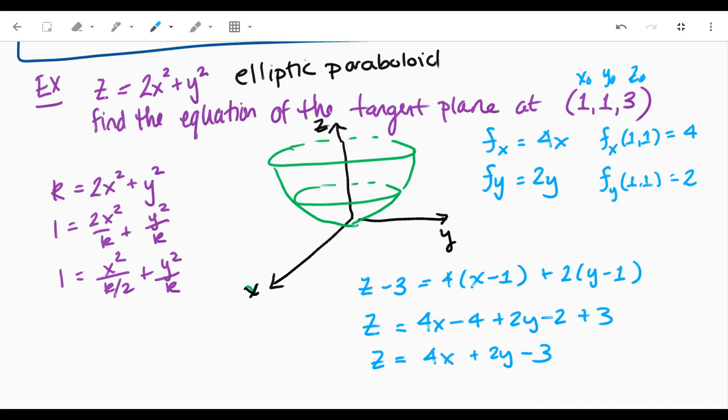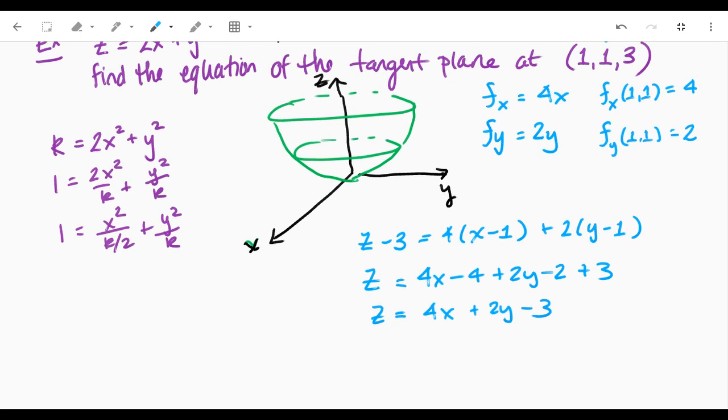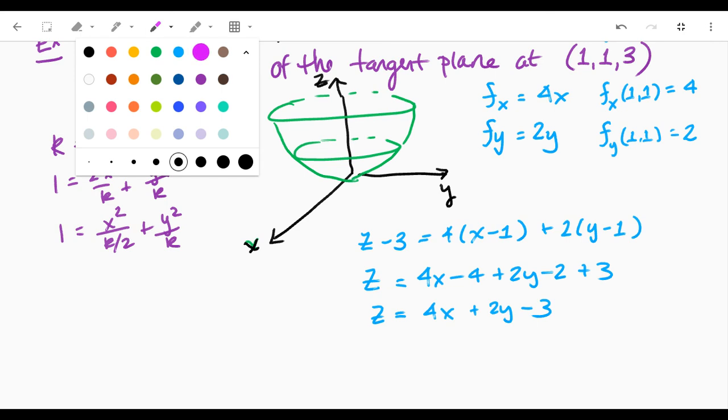All right, so we can approximate values on the curve pretty close to 1, 1, 3. So pretty close to an x value of 1 and a y value of 1, we can estimate some z values. Okay, so if you remember, we did this in Calc 1, right? We'd use that tangent line to make approximations near the point. So now in Calc 3, we're going to use the tangent plane to make approximations near the point.